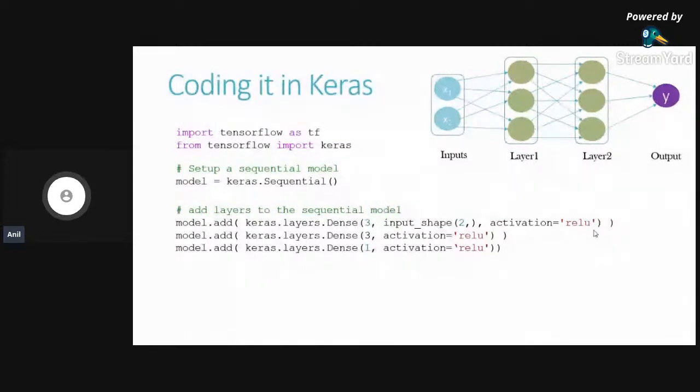Only on the first layer we need to specify the input shape, and for the other sequential layers the input size is taken automatically from the previous layer. Then for the second layer we will add another Dense function which says that 3 perceptrons are there, and the activation is ReLU. And then the output layer has 1 perceptron and the activation is ReLU. Okay, so this is how we will code a neural network in Keras.